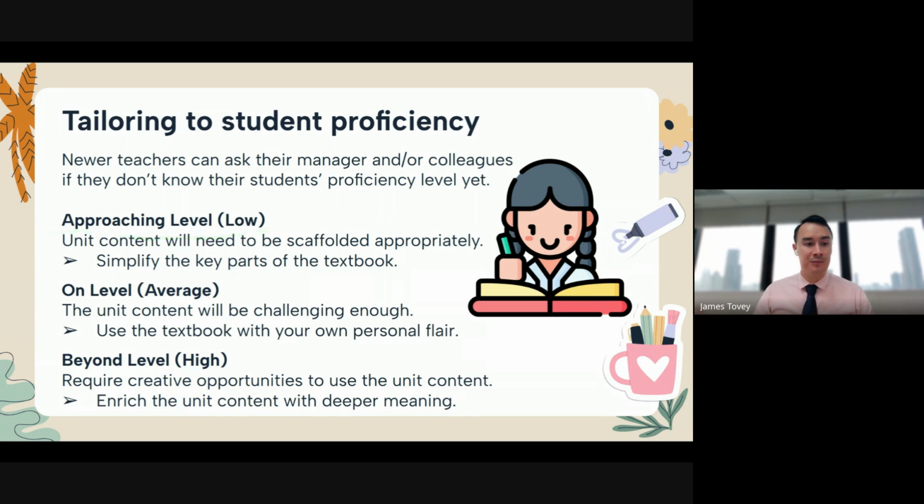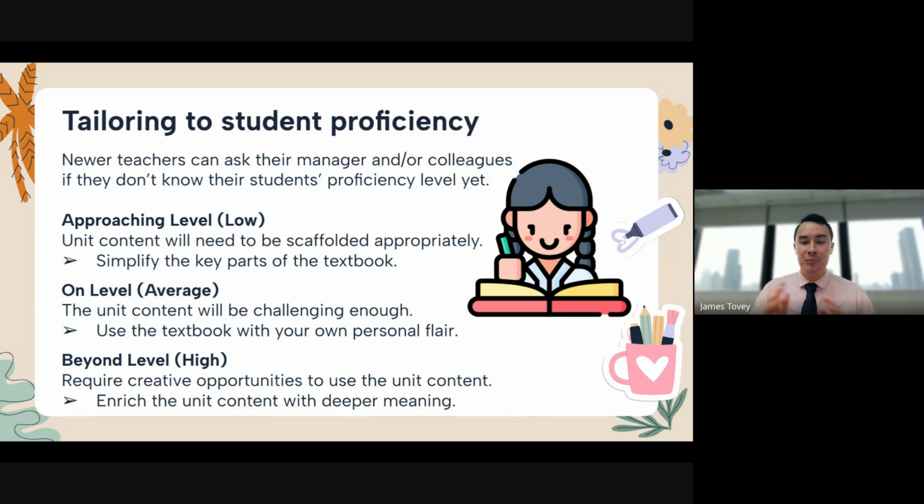That's an approaching level. Now, students on level, the unit content should be challenging enough. You shouldn't be required to make things more advanced. You don't necessarily need to reduce the level of difficulty based on what's in the textbook.